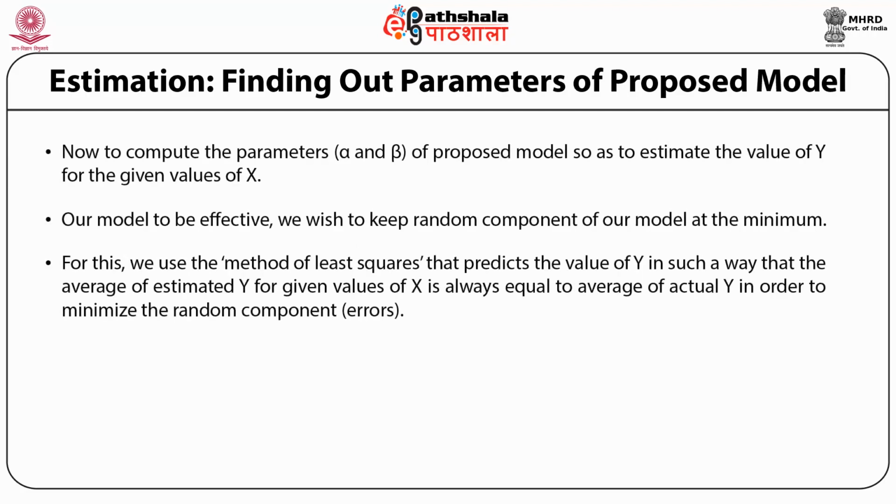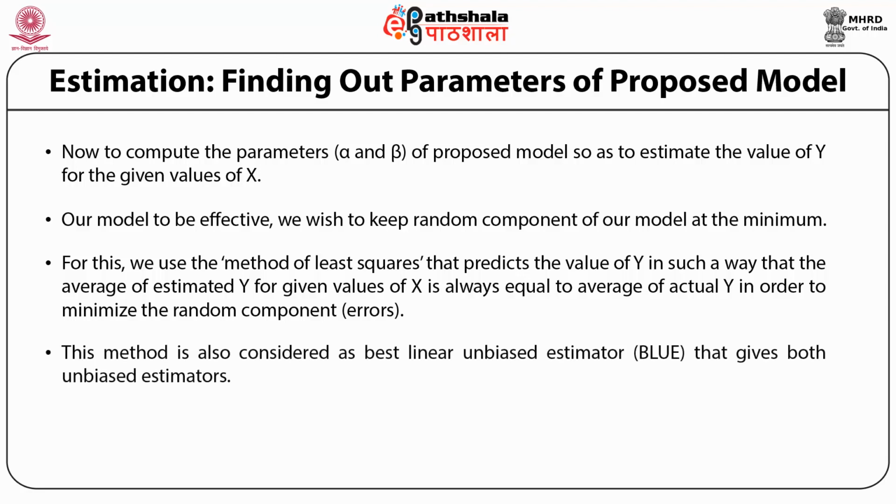Now we will try to estimate the parameters of our proposed model. There are two parameters, alpha and beta, so obviously we need two equations to calculate these two parameters. Here we will be using the method of least squares to find the values of alpha and beta. It is important to note that the least squares method calculates the values of alpha and beta in such a way that the error of prediction is at the minimum level.